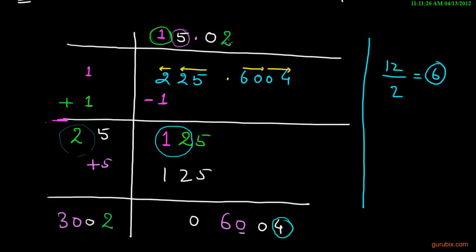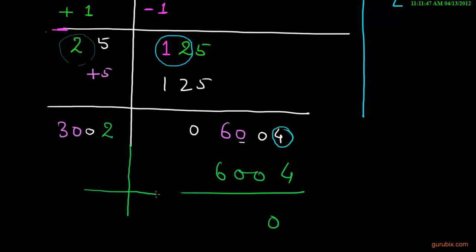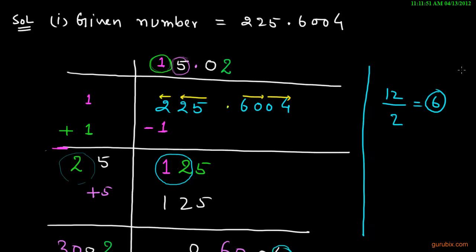Now we shall multiply this 3002 with this 2 to get 6004. And if we subtract 6004 from this 6004, we get 0. So our division process stops. Therefore, this value 15.02 is the square root of the given number.